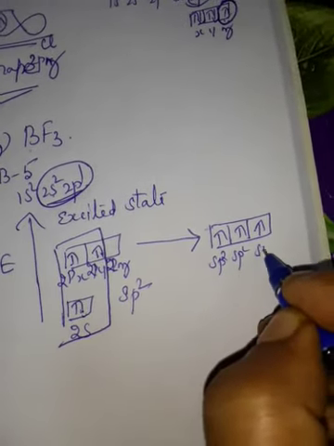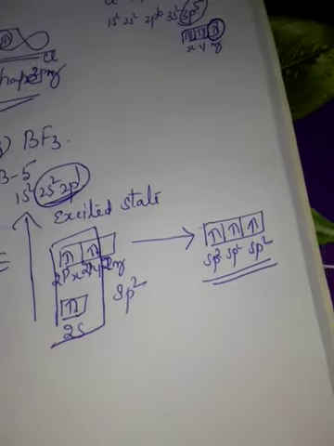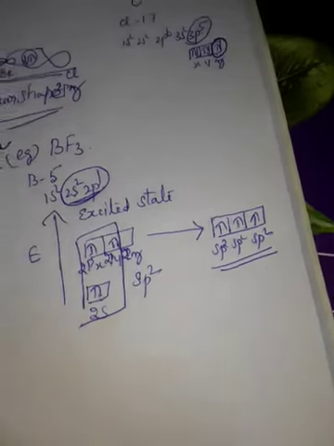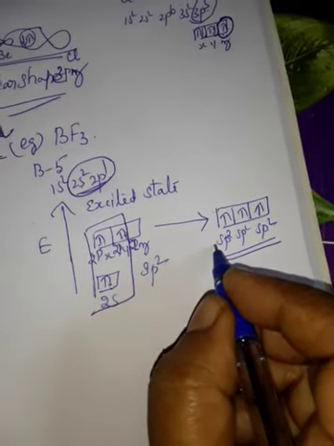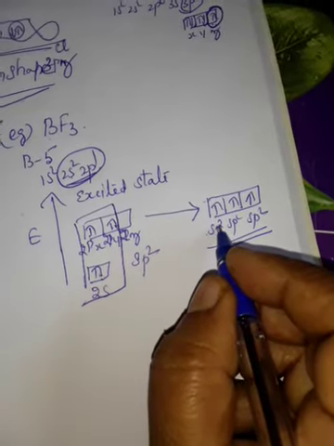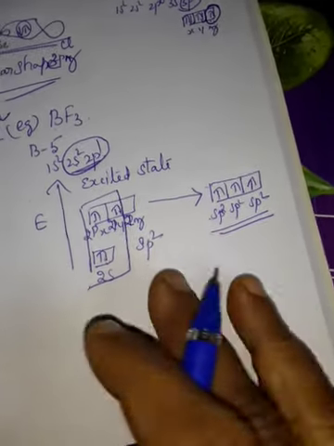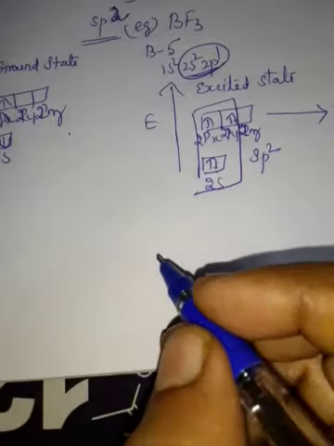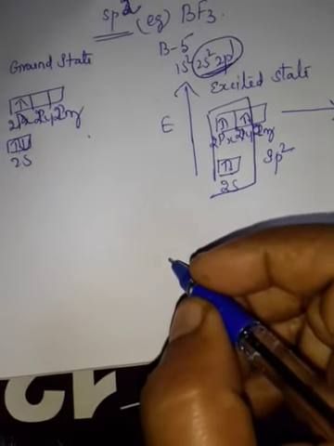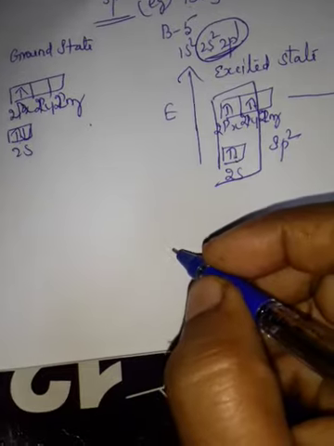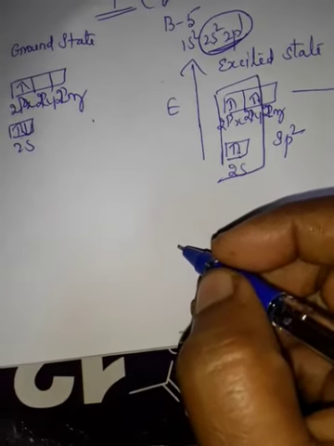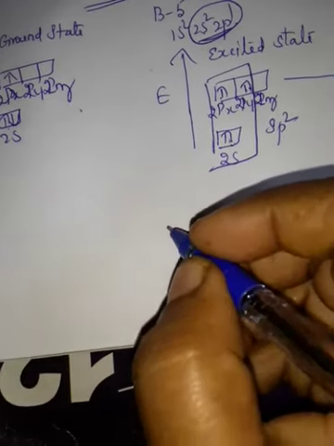sp2 hybridized orbitals, 1s and 2p, so 3 sp2 hybridized orbitals. So the structure, if you are seeing, it takes the trigonal planar geometry, that is, it is at 120 degrees.